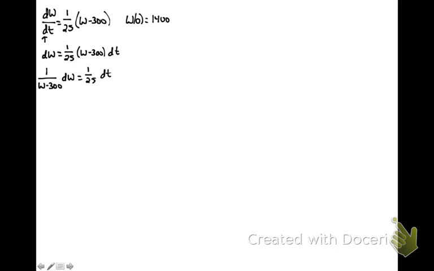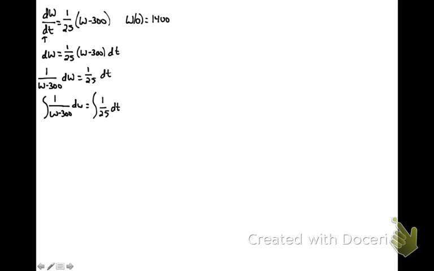So I'm going to be taking the integral of 1 over (w minus 300) dw. The left-hand side I'll be integrating with respect to w, and the right-hand side, 1/25 dt, I'll be integrating with respect to t.